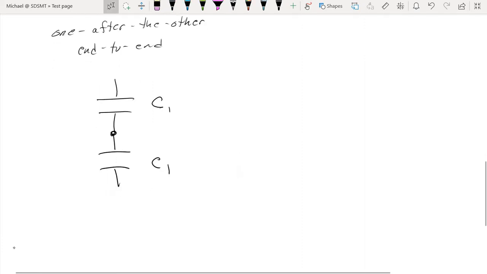So one capacitor connected to the other, end to end. And then we can later connect that combination to a battery, and we'll see what happens.